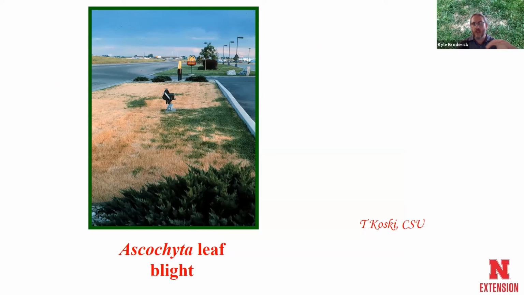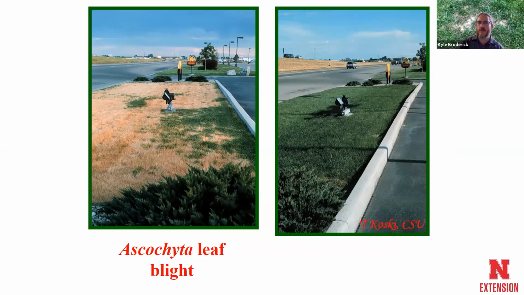It's taken out a lot of this lawn, but Ascochyta tends to show up when we have other root stresses. And if we can manage those root stresses, within about 2 weeks, that lawn will go back to looking exactly perfect and just the way you want it to. So Ascochyta is not one that requires fungicides, but really you just want to be thinking about managing that root zone and doing anything you can to decrease overall stress on the root zone.